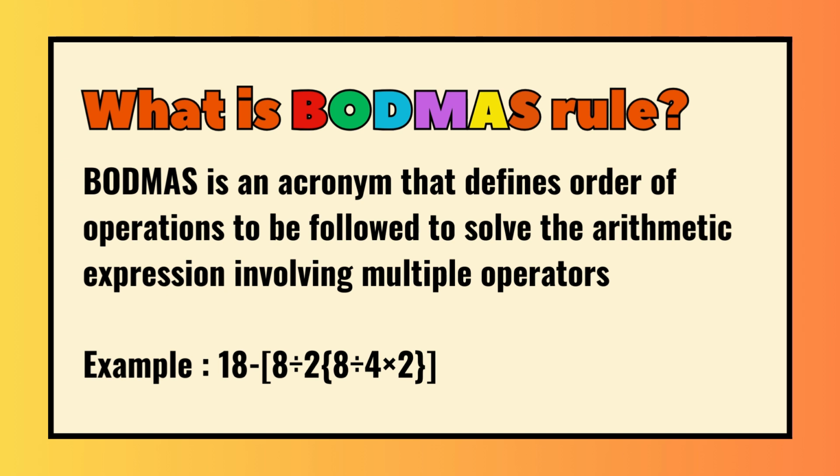BODMAS is an acronym which helps us to remember the order to be followed to solve the arithmetic expressions involving multiple operators. You can see an example of a mathematical expression having multiple operators on the screen. We solve these kind of expressions by applying BODMAS rule.